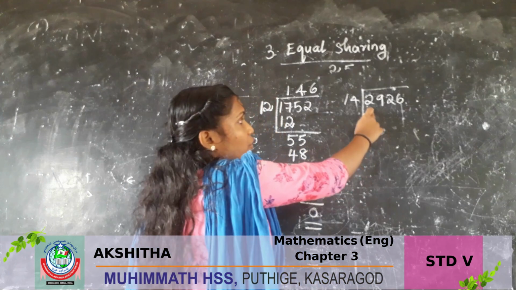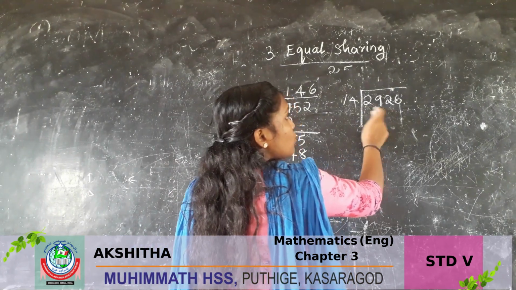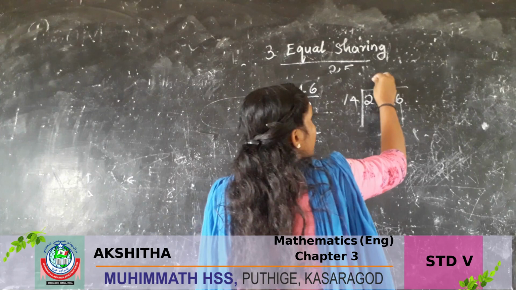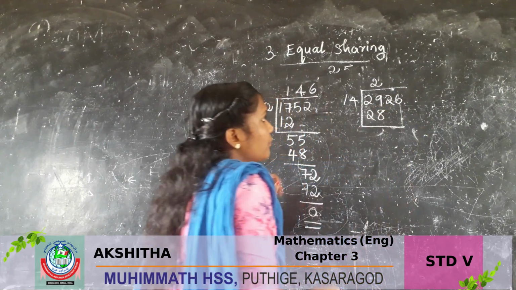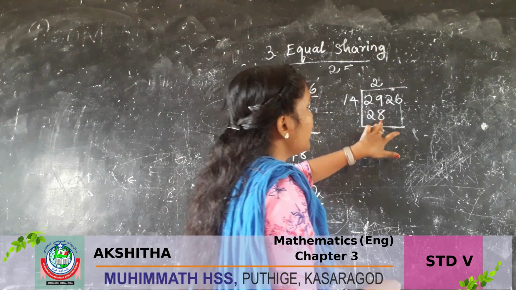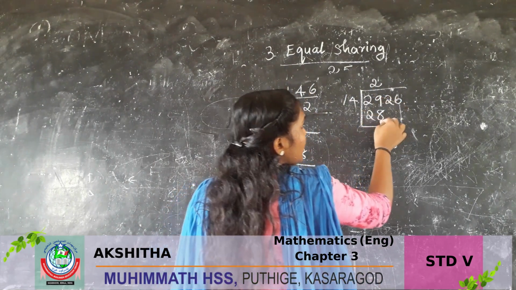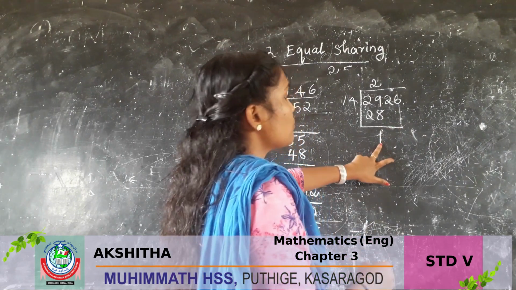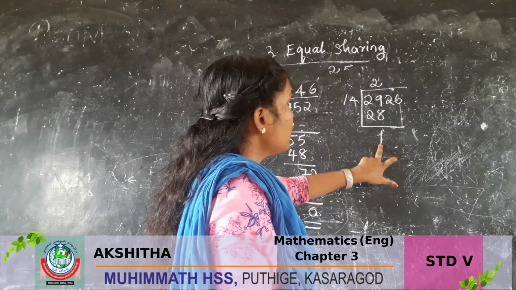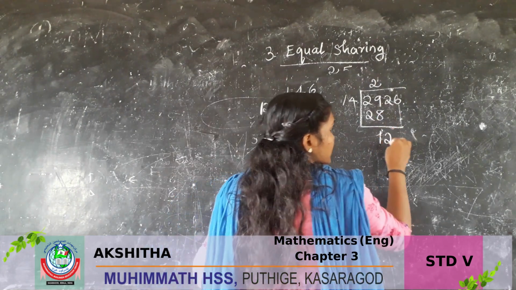14. Here 2 is the small number, so we should consider this 2 number also. 14 2 times 28. 29 minus 28 is 1. So again 1 is the small number, right? So we should write this number.